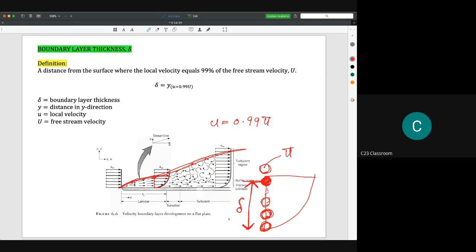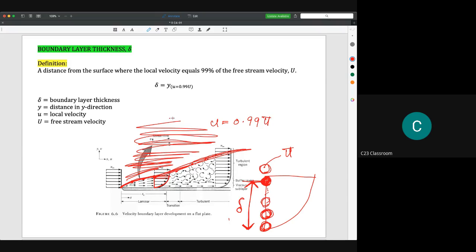So this is the borderline between the region that has a velocity distribution and the region that only has a constant velocity.